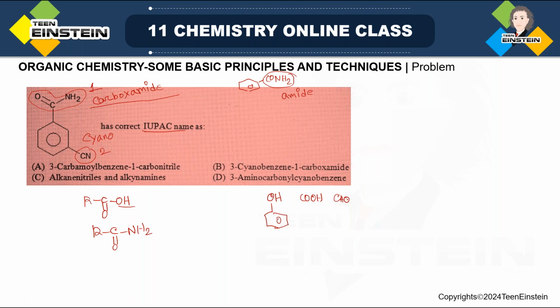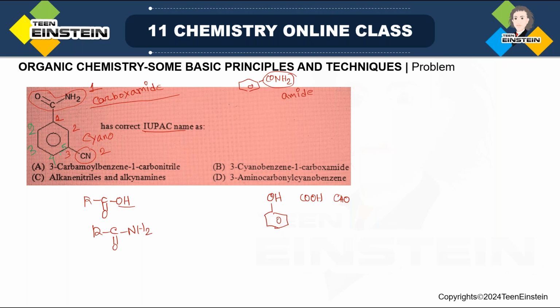And here position 1 will start from the position where CONH2 group is present. So you will move in this direction, not towards the other direction, because if you do so, then the numbering will be like this: 2, 3, 4, and cyano will get 5.